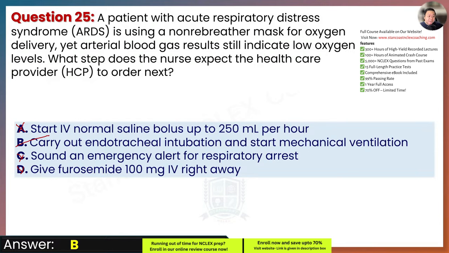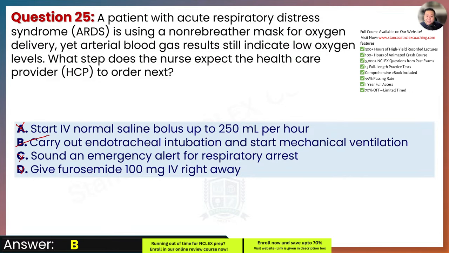And so letter D, give furosemide 100 milligrams IV right away. We know that this is a diuretic, right? It's going to help reduce the fluid overload. This is something that you will see used in pulmonary edema. But in ARDS, the primary issue is alveolar damage and impaired gas exchange, not just fluid overload.